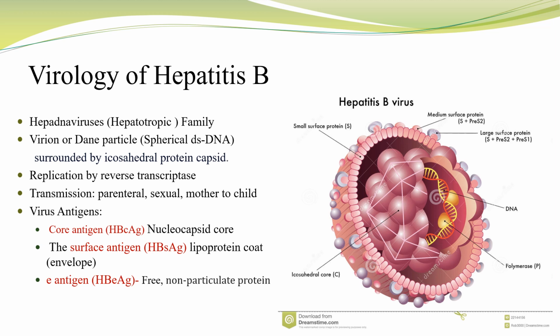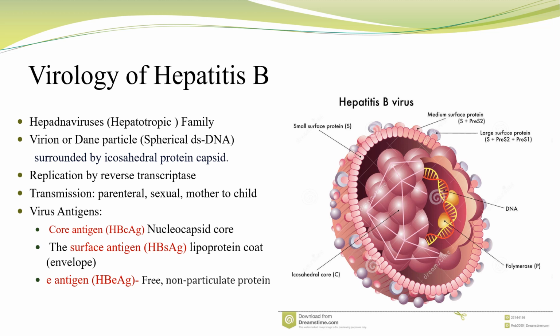The virus has three different antigens that are very important. First is the core antigen or HBc antigen. Actually, it's the nucleocapsid of the virus, or C antigen. And the other one is the surface antigen or HBs antigen that is very important. And this antigen shows actually the acute phase or active hepatitis.